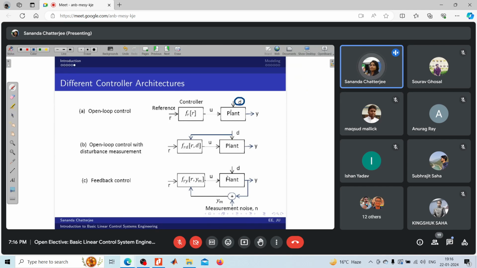Whatever the plant is, we are here to get a desired output from that plant by giving it some kind of input. The basic idea is to design a controller, but for moving forward we first have to understand what this plant is.